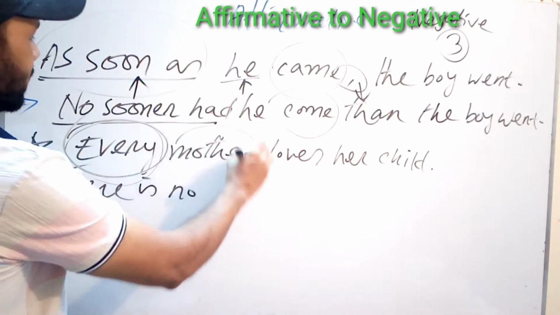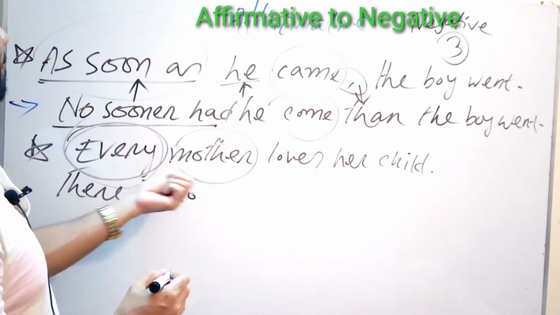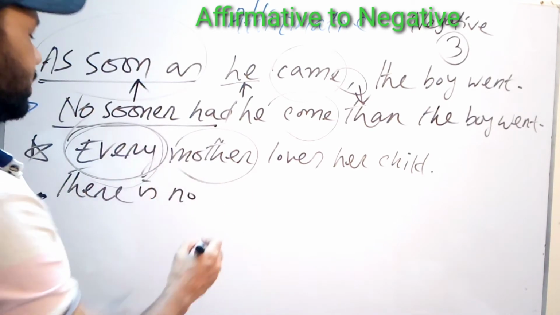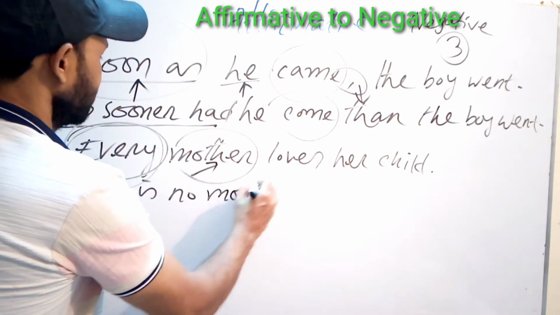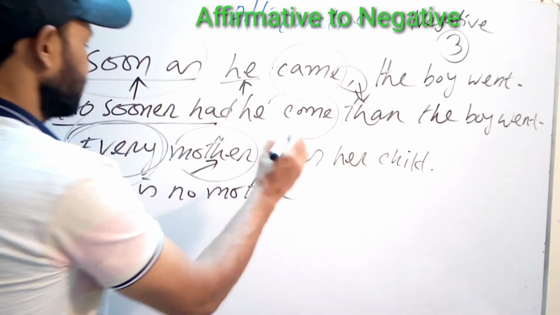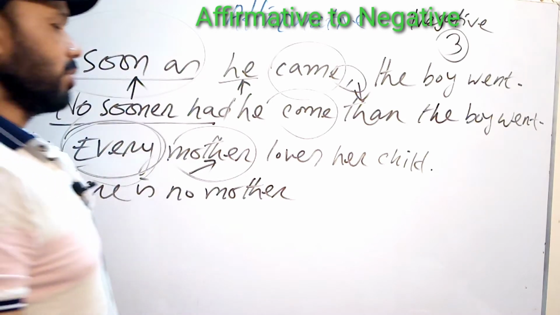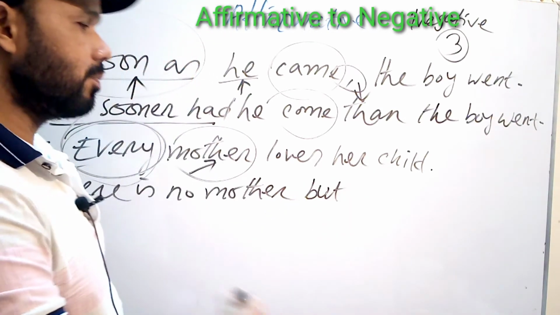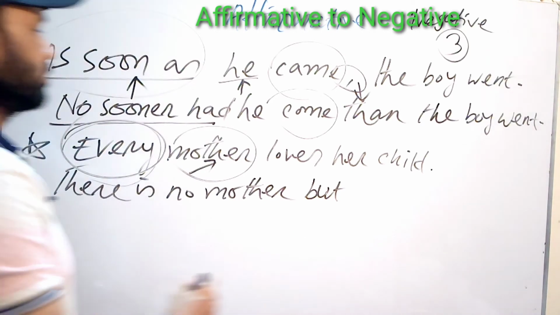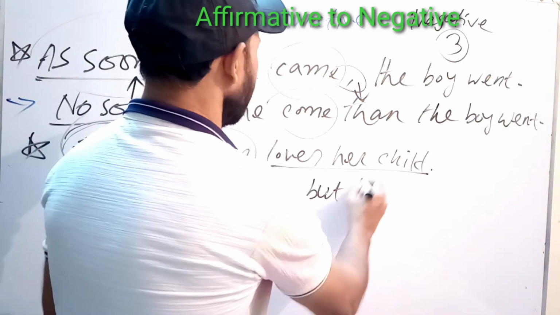Then there is a word after every. Here it is mother, so we have to write mother. Then we have to use but. And the remaining part of the sentence will be unchanged. What is here? Loves her child.